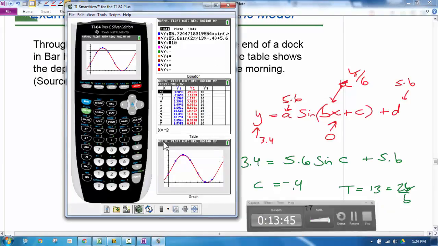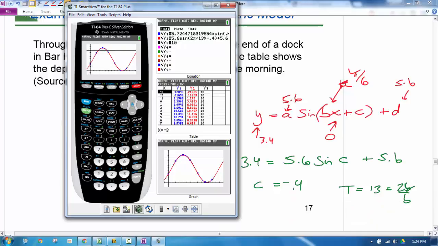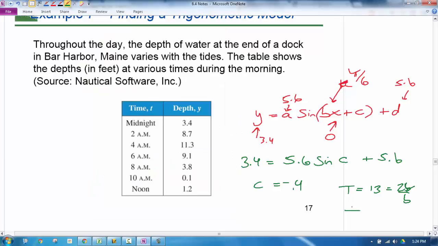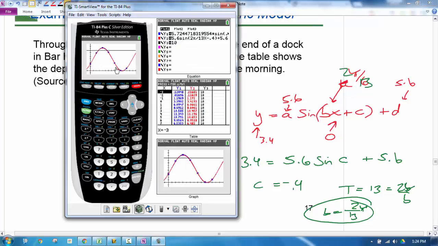So if I plug that in, 2 pi over 13 for b right here, now you can tell that it matches very close. So now we've got a function that models the actual tide. So we can then predict any depth based on the time of day, which is really handy.